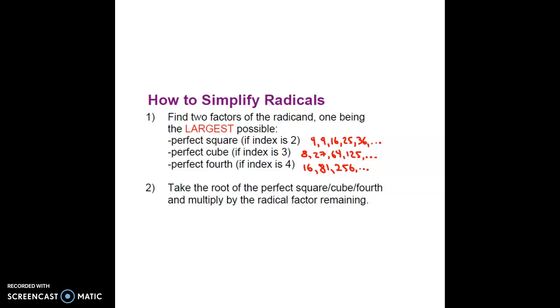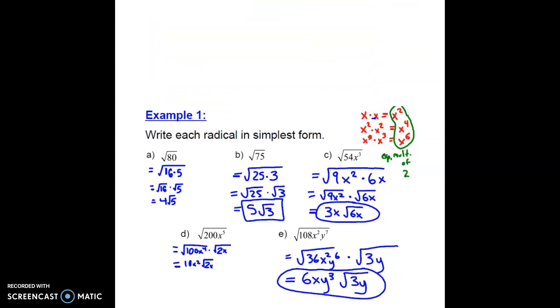So you use a perfect square if the index is 2, you use a perfect cube if the index is 3, and so forth, okay? So these are just the numbers from the chart. And then you take that root of the perfect square or whatnot and multiply by the radical factor remaining. So the thing that you can't take the perfect square of, okay?